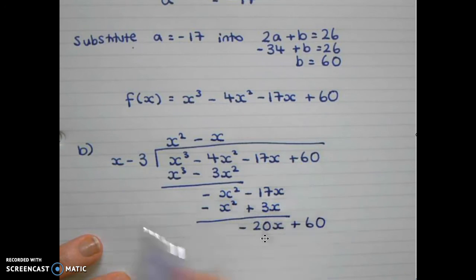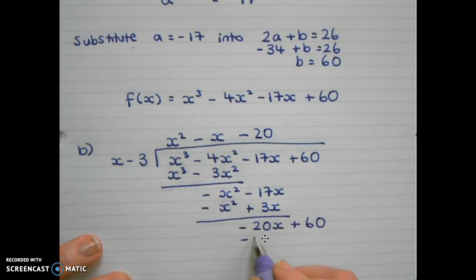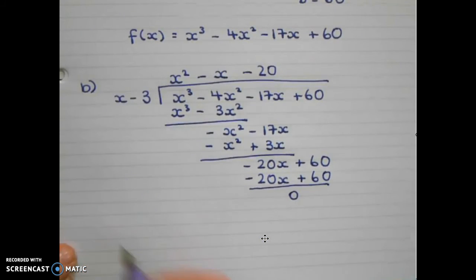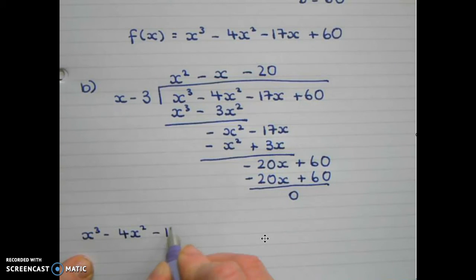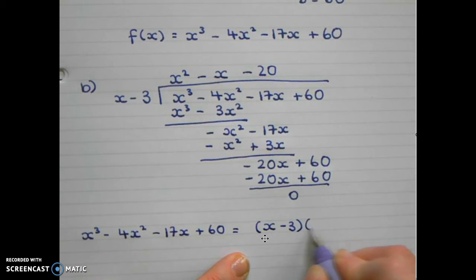Bring down my 60. I need to times by minus 20, and I get minus 20x plus 60. So my remainder is 0 because it is a factor. So I can now say that this original expression, x cubed minus 4x squared minus 17x plus 60, is equal to x minus 3 multiplied by x squared minus x minus 20.